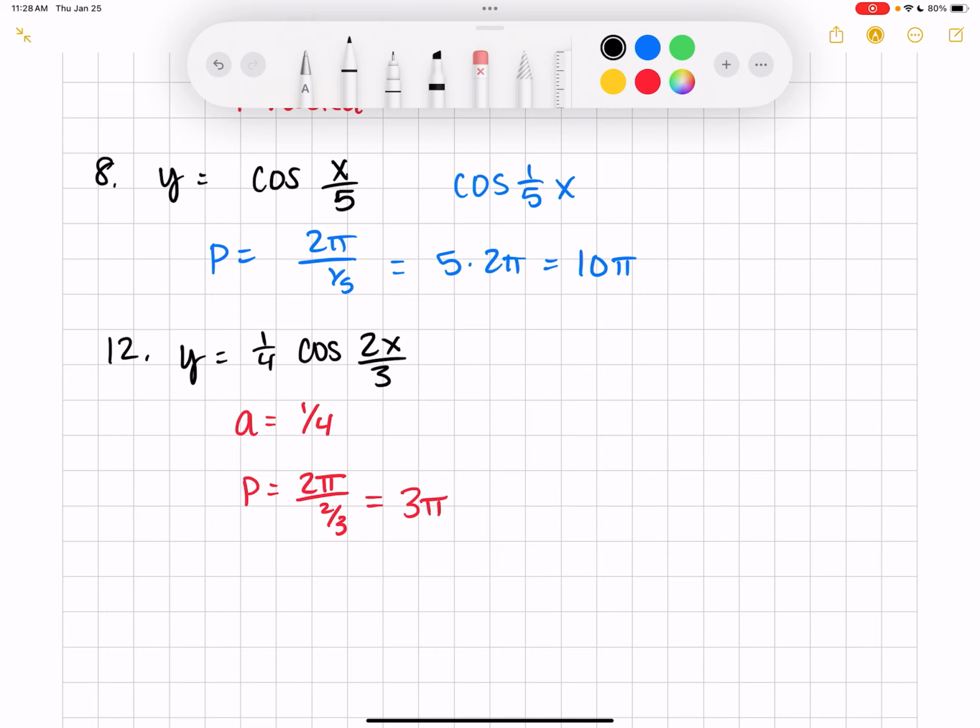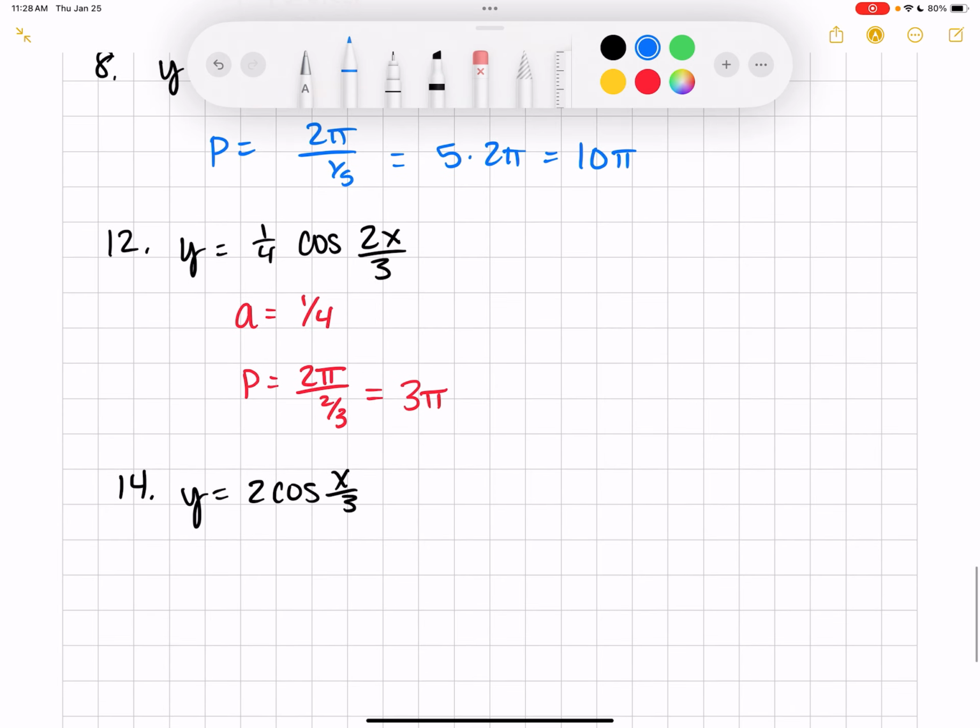So 14, amplitude, period, and frequency of y equals 2 cosine of x over 3. So amplitude is 2.